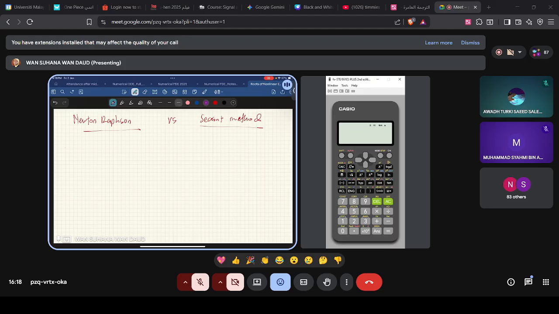Newton-Raphson, we have to have differentiation skill, but it requires less iteration compared to the second method. Do you agree with me?